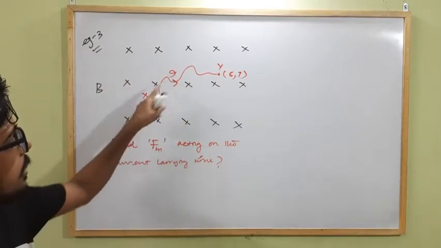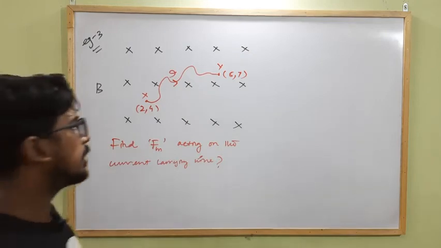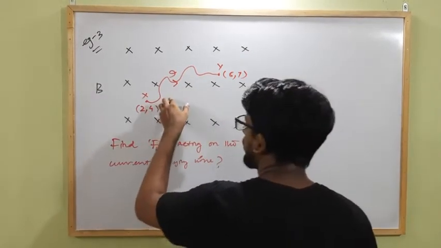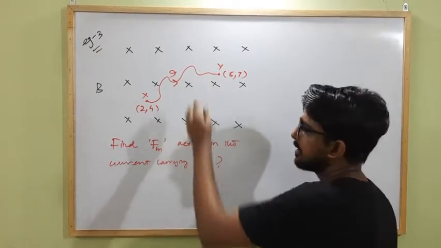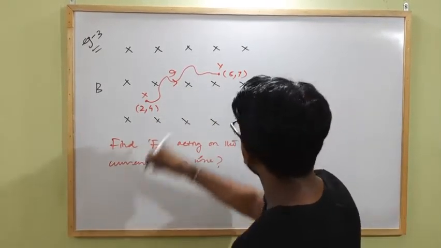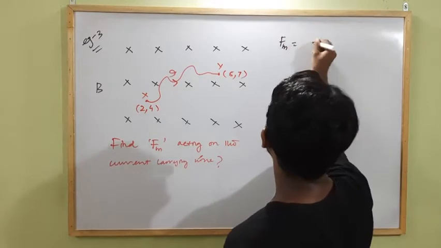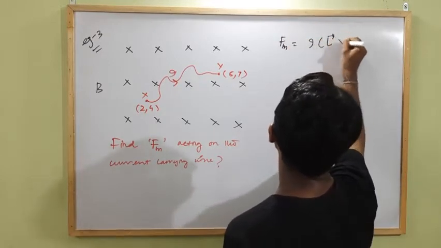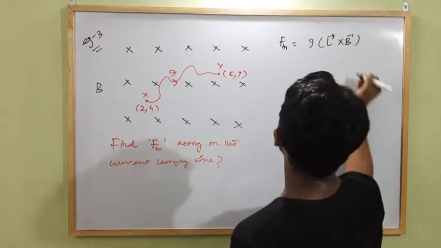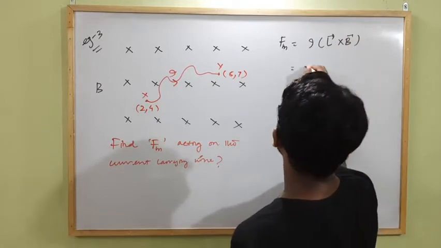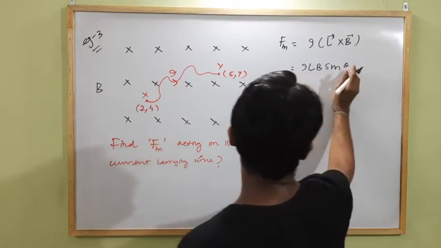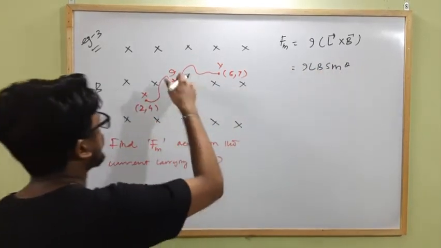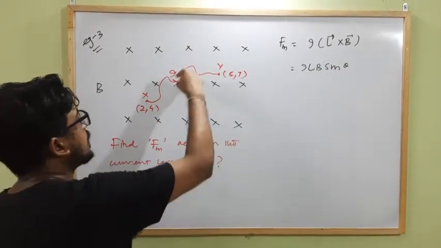As I already told you, when any shape of current carrying conductor is present in a uniform external magnetic field, the force is given as Fm equals I L cross B vector. Or this can be written as I L B sin theta, where theta is the angle between the L vector and the B vector.